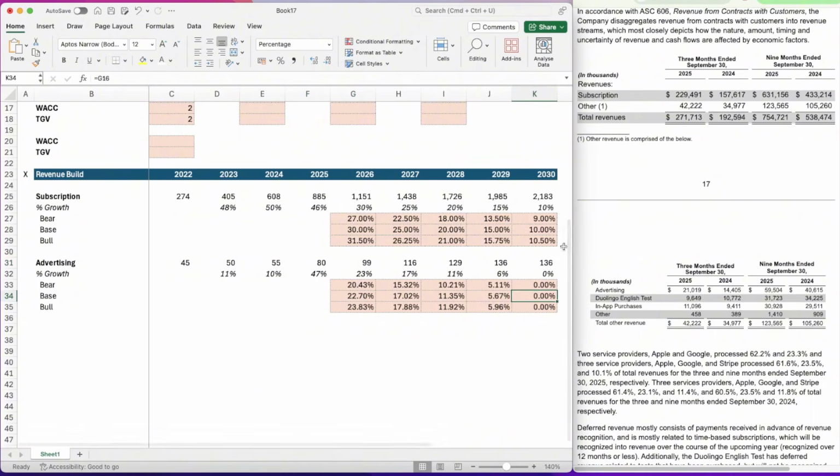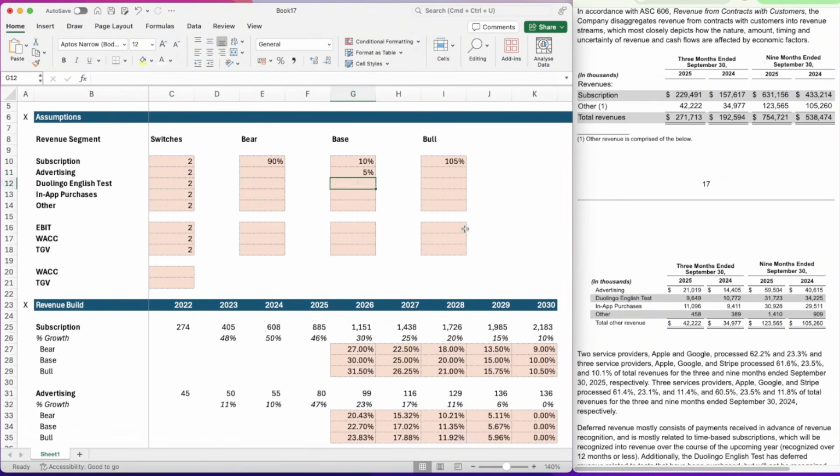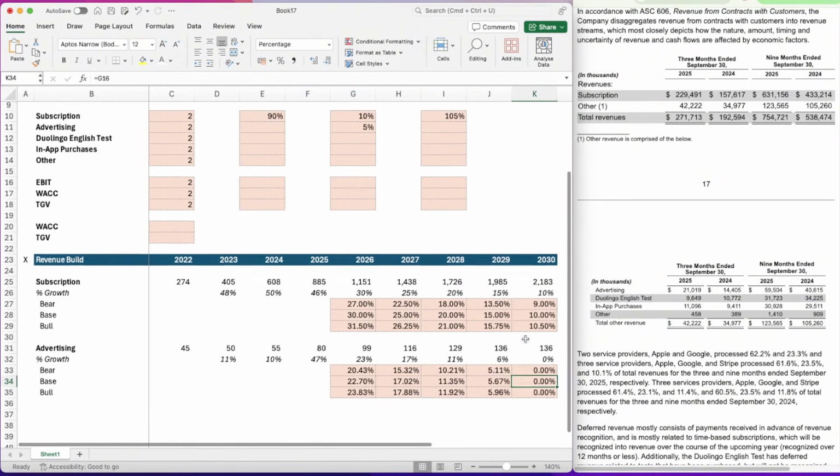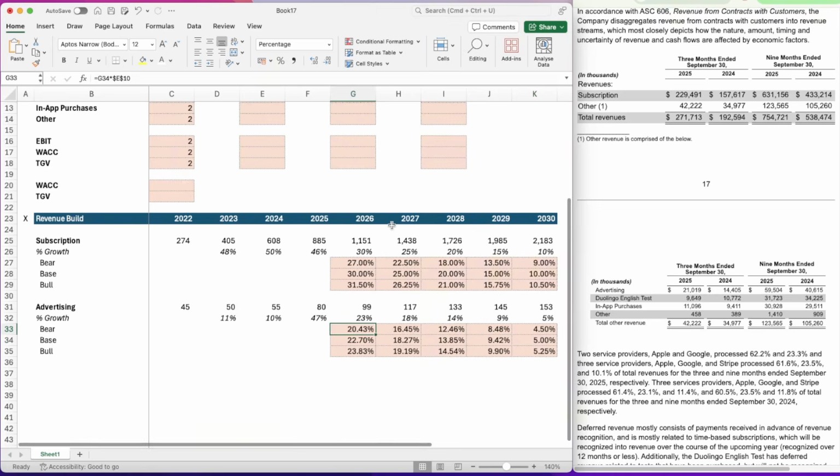So we'll put this growth rate to eventually, I think, settle at 5% per year. Because ideally, Duolingo probably wants people more on the subscription. Advertising is probably really only going toward the casual users. It's the subscription that they want to probably drive forward.